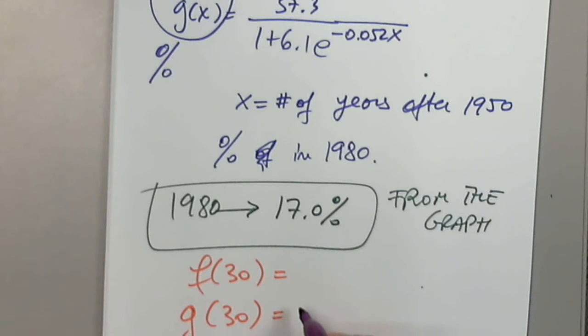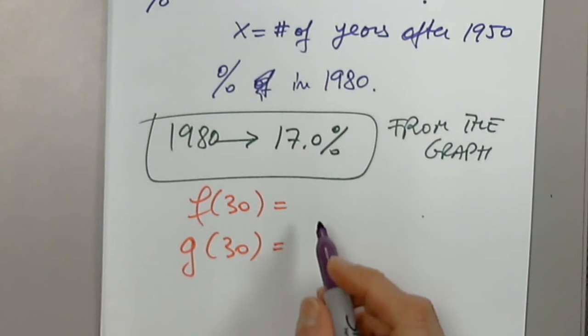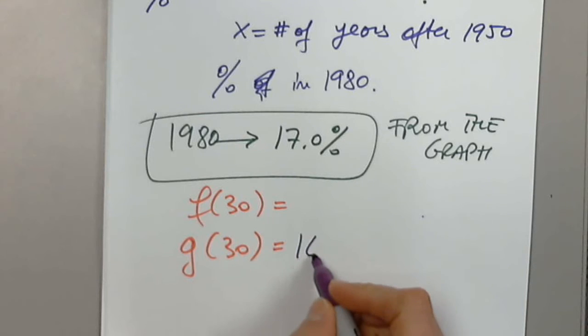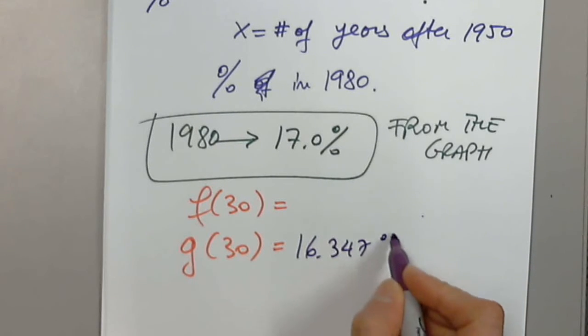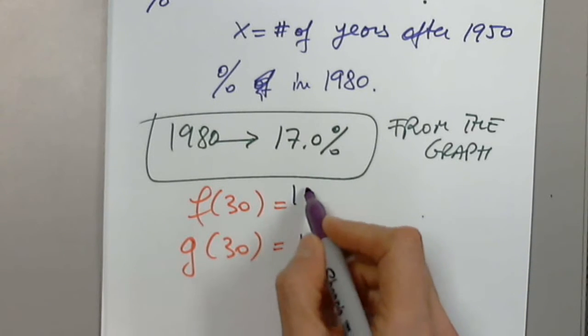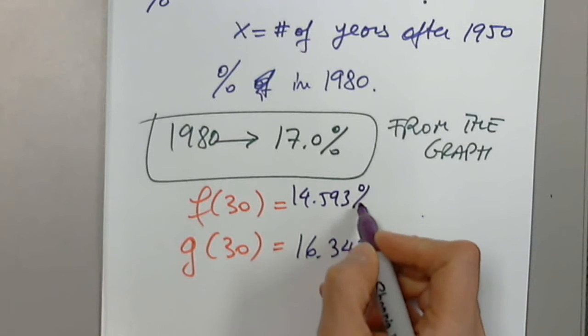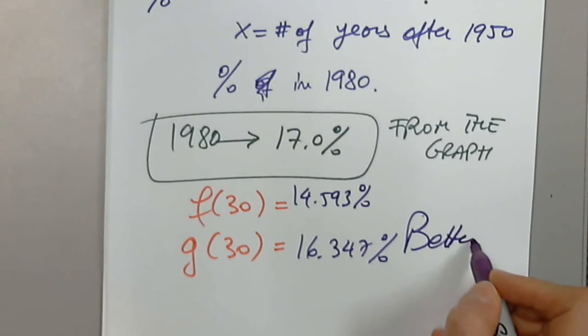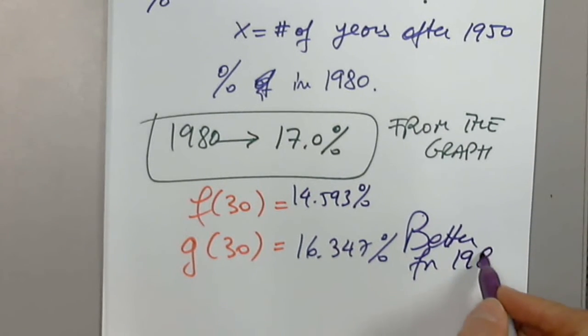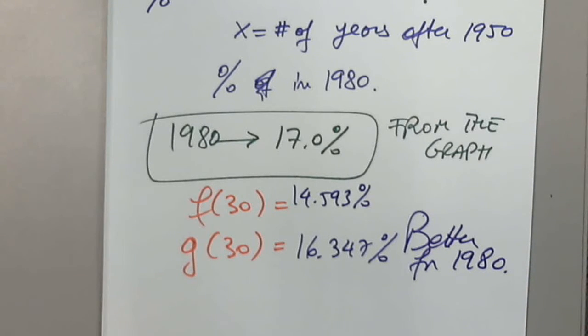Indeed, g of x is roughly 16.347%, and this is 14.593%. I'll say g is better for 1980. I cannot conclude about all the rest. I can only conclude for 1980. Good. Next question, please.